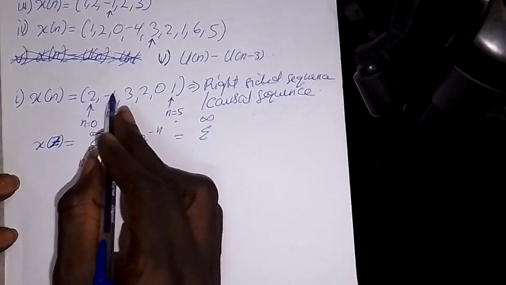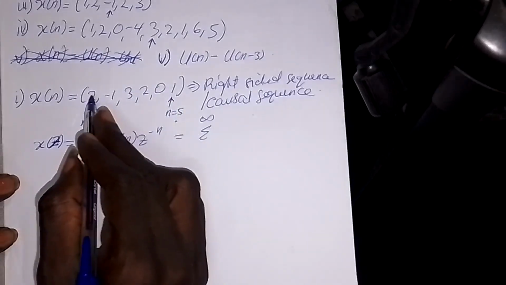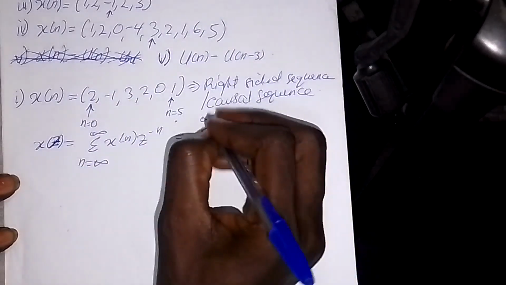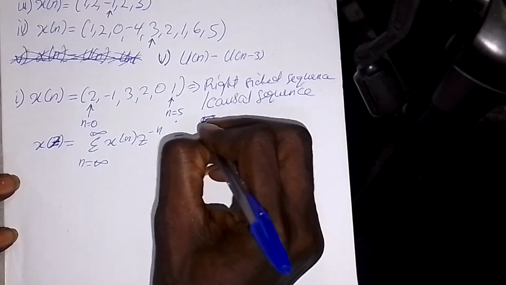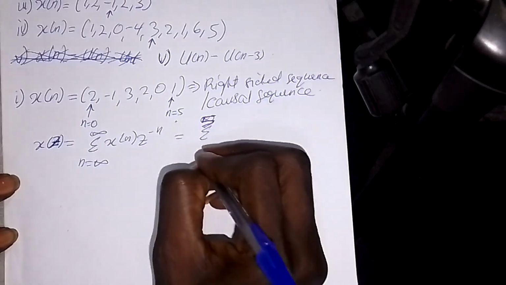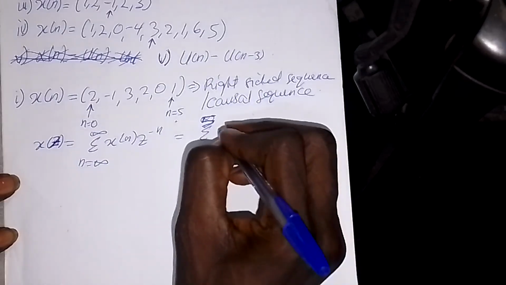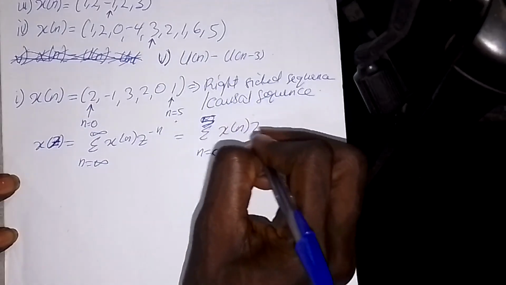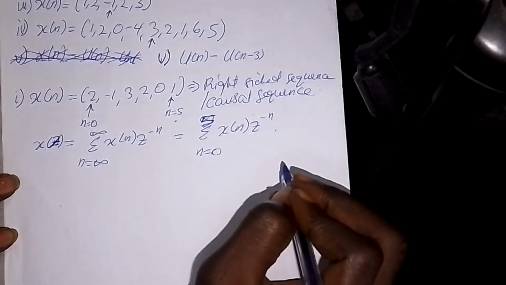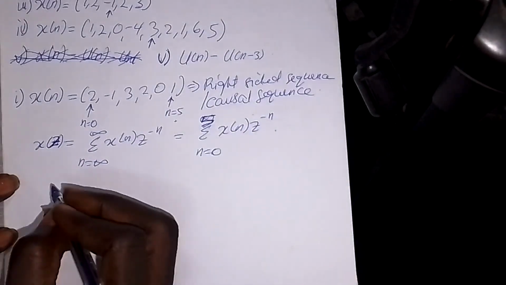It's 0, 1, 2, 3, 4, 5. So here is 5, and here n equals 0, and then I'm going to have x of n into z to the power minus n.